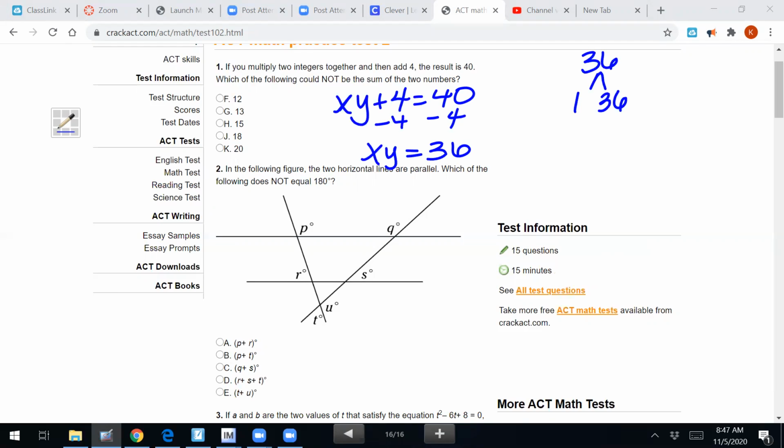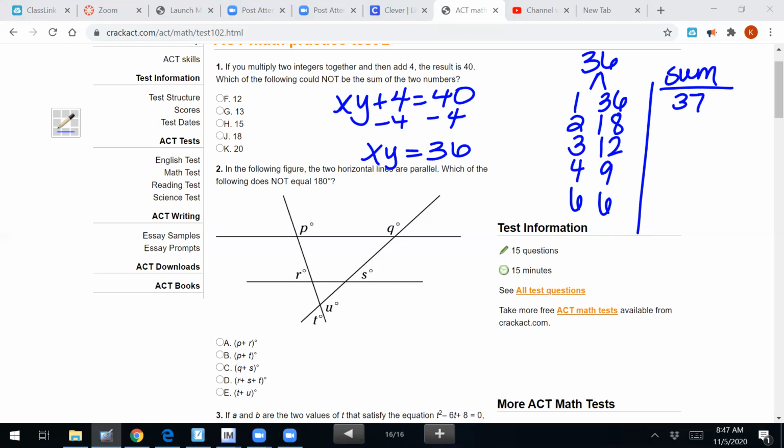So 1 times 36, 2 times 18, 3 times 12, 4 times 9, 6 times 6. Okay, so now the sums of those numbers are 37, 20, 15, 13, and 12.